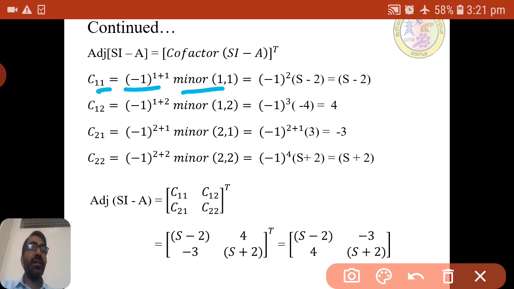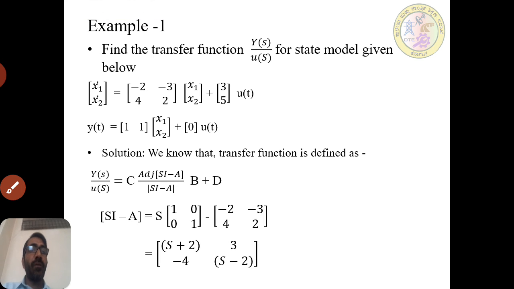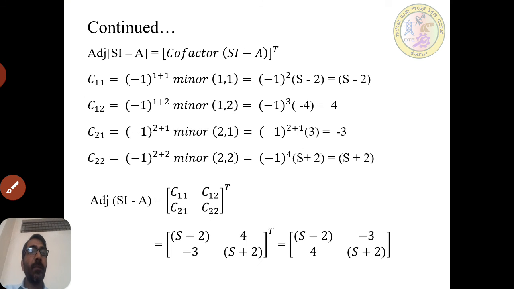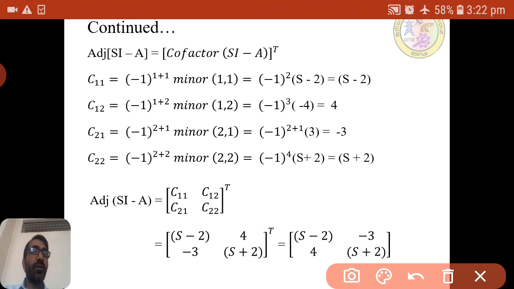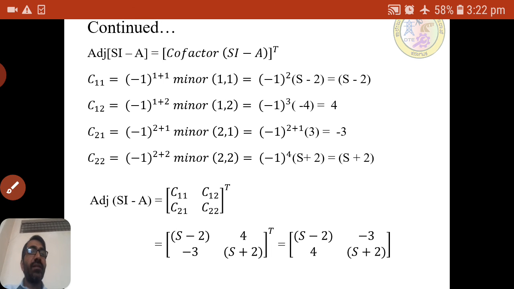How to find the minor? If you want to find C11, just leave this horizontal and this one, take the C22 term, and if you want the C12 term, leave these two, choose this one, so that you multiply with this term. Like this we can find out the cofactors, then the transpose of that, okay.